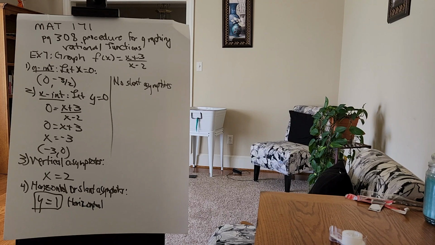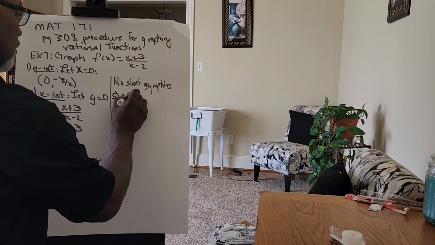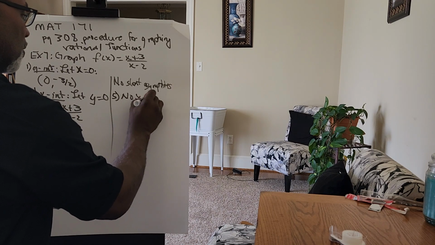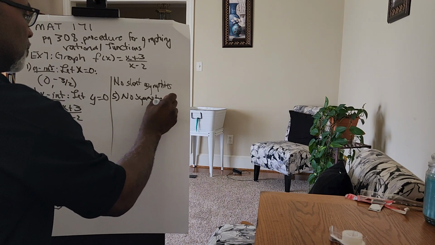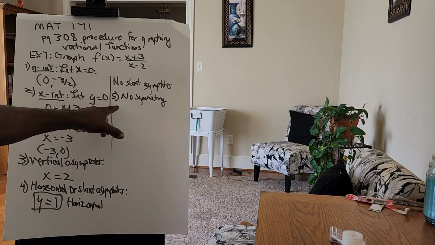If you get the opposite of the original function back, then that means it's odd. So this thing is neither even nor odd. So 5, no symmetry.